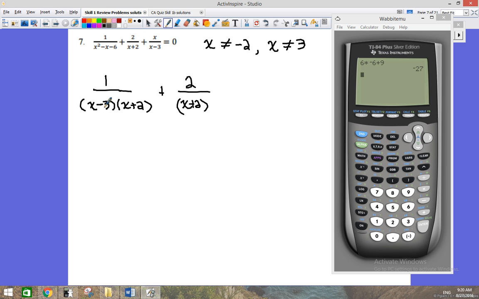I can see this term is missing an x minus 3, so I can multiply by the number 1, but I'll write the number 1 as x minus 3 over x minus 3.